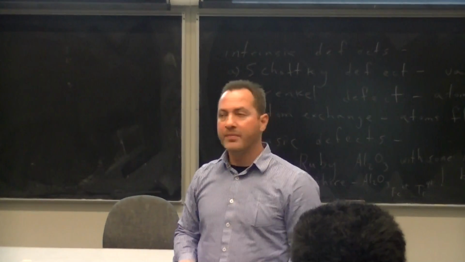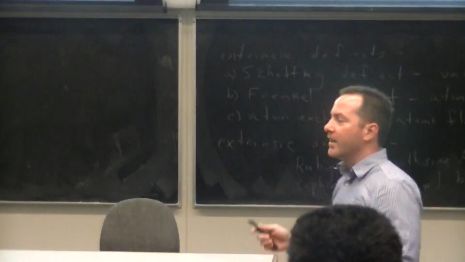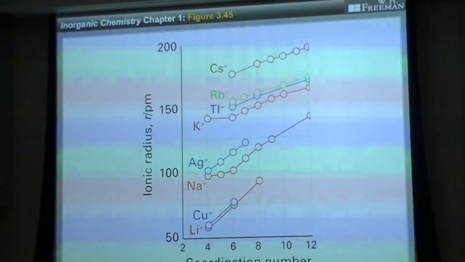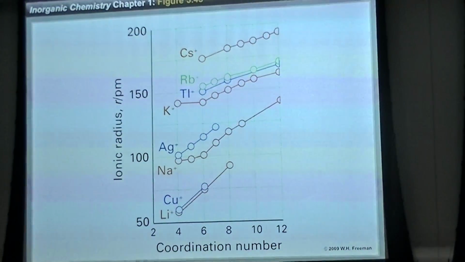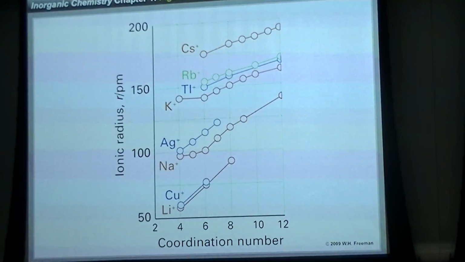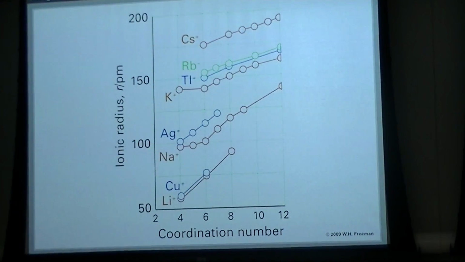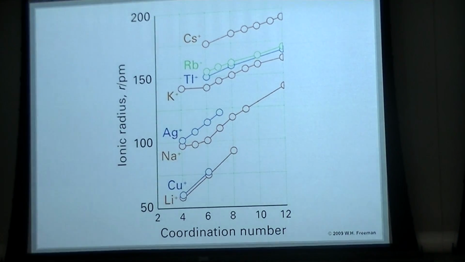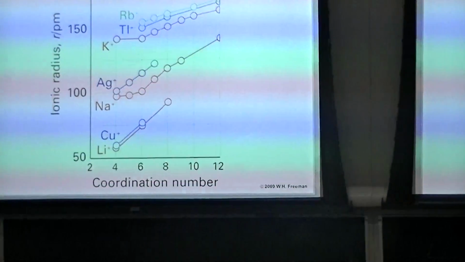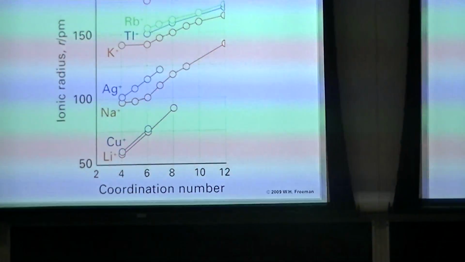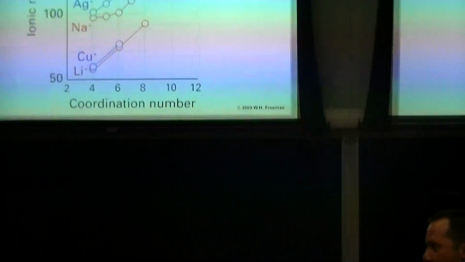For example, now that you mentioned that, what happens to an ion, a cation, let's say, when you move in the periodic table from left to right, assuming that all have the same charge? If you change the charge, then other things are going to happen.